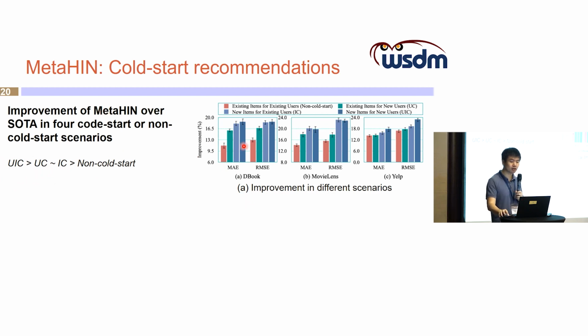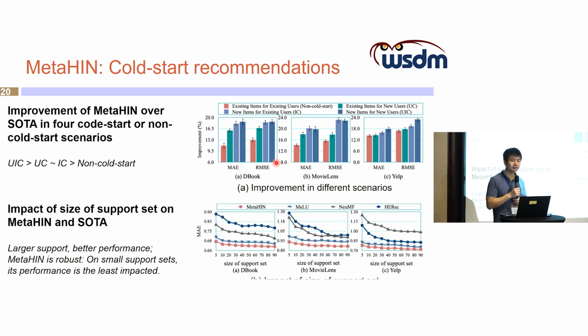This figure here is the performance gain with respect to a non-cold start approach. You can see that the more cold start we have, the higher the performance gain. UIC, both user and item, has the largest performance improvement. This is because this scenario is the most difficult. Non-cold start approaches really perform very badly in this scenario.